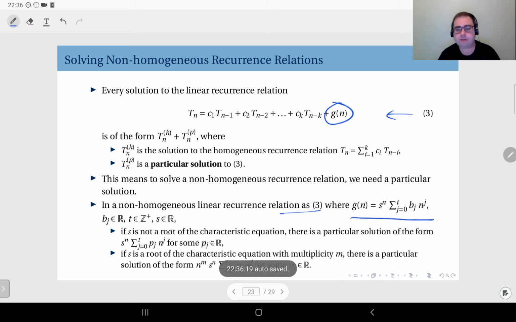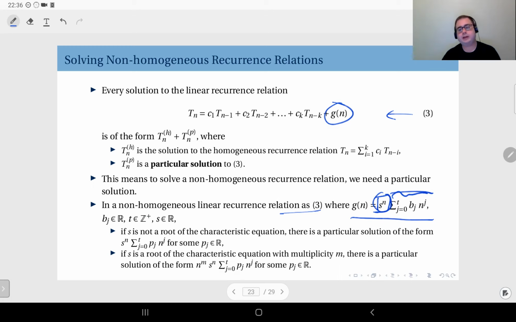If g n has this form, s to the power n, this is the exponential part, times some polynomial, b j times n to the power j. So this part is a polynomial in n, and this here is the exponential part.